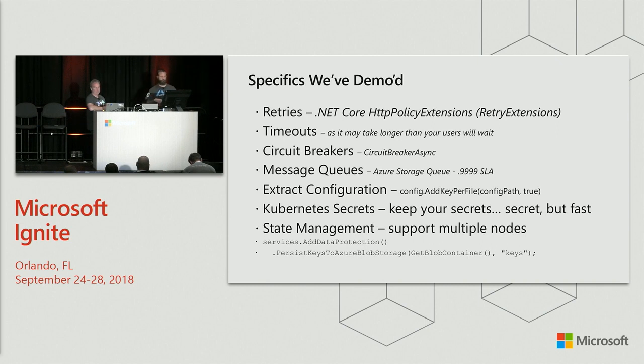So we'll just swallow those up and let that go. So message queues, obviously we're four nines for that. Put that in a queue, process it. For reading from that, we use the same Polly type of extensions to read from that.